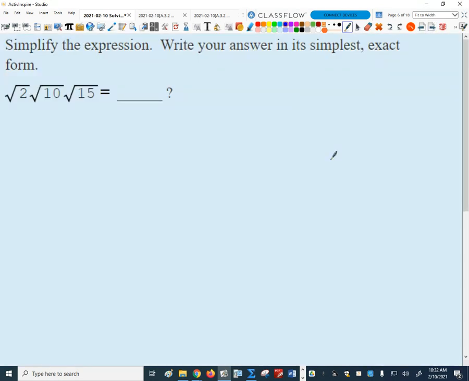Okay, what about one like this? What if you have a product of radicals? Well, think about this as already partway down the factoring tree, right? This is equal to the square root of some big number, 2 times 10 times 15, right? So the square root of 300, if I wanted to write it that way, if I want to work backwards.